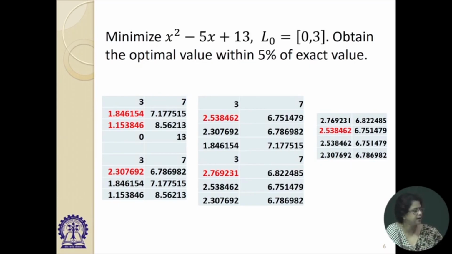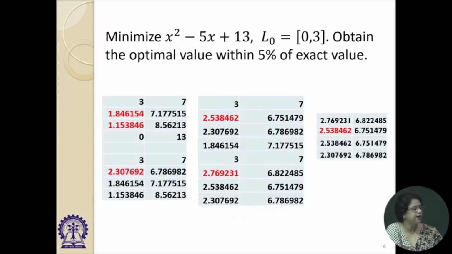This is x1, x2, x3, x4. And you see again the function pattern: just increasing functional values. Again we can conclude that the optimum cannot lie within this. That is why we will discard this interval from 1.846 to 2.307692.